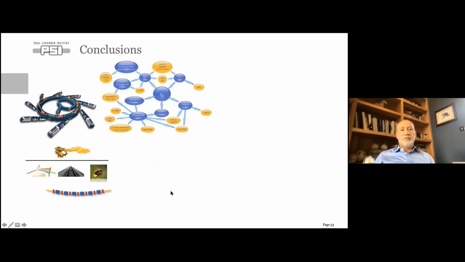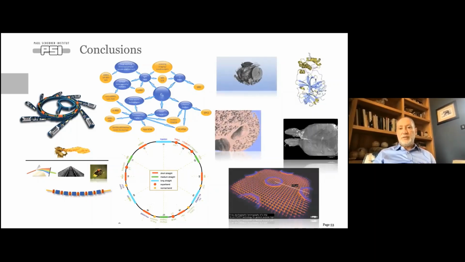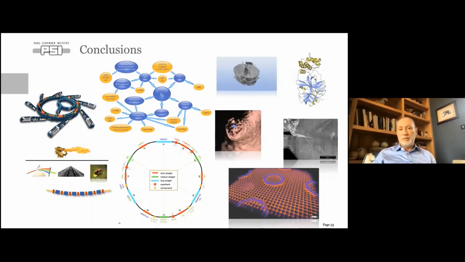I also tried to show that the improvement in the horizontal emittance has a number of knock-on effects, which then has a very large impact on almost all of the techniques which we use at the Swiss Light Source. I also showed the portfolio of the SLS, and then gave some highlights of some of the scientific directions which we hope to go into.